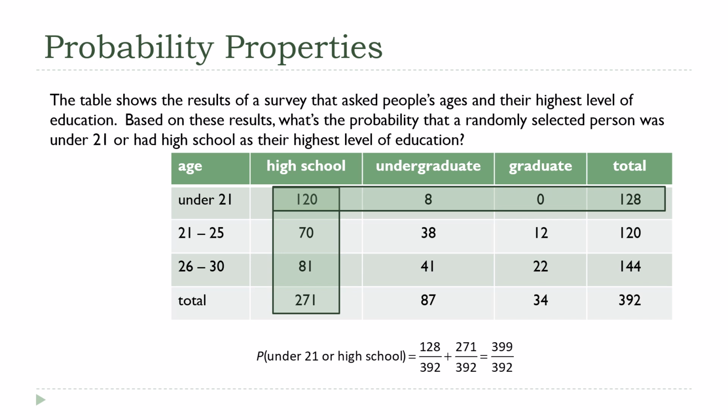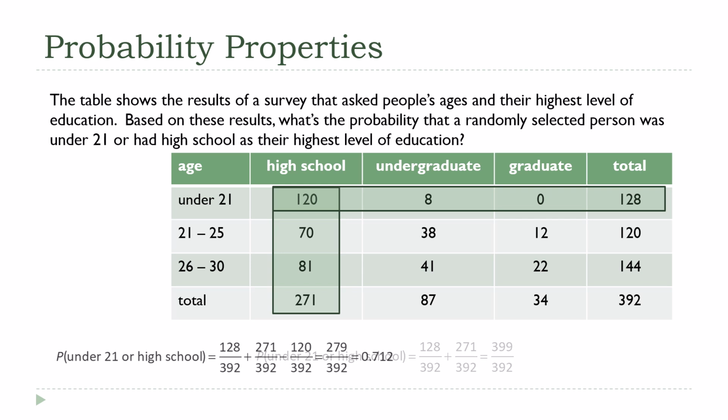So the problem are those 120 under 21 and high school students. They got counted twice, right? They got counted once in each group. So we can fix this just by subtracting them out, right? I've got 128 over 392. That's the probability of under 21.